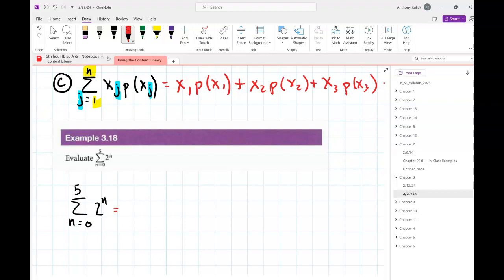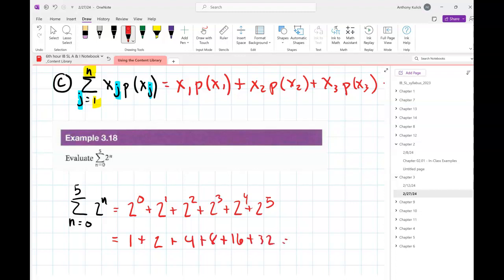To add them up. So we start with the first two, which is 2 to the 0 plus 2 to the 1. And what are these? Everybody's okay with what we did there?